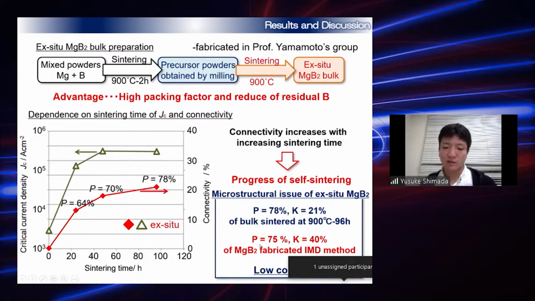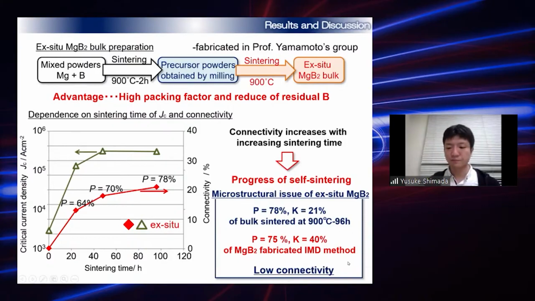In contrast, the packing factor is 75% and connectivity is 40% for MgB2 fabricated by the IMD method. So this low connectivity is the point of the microstructure issues of ex situ MgB2.